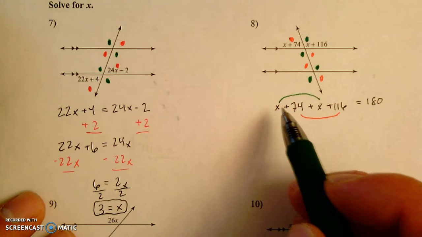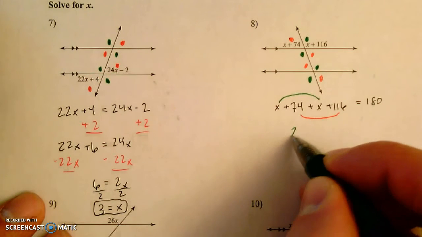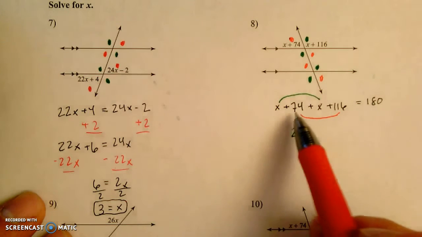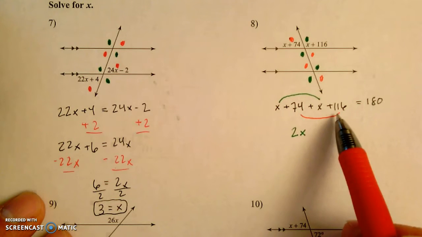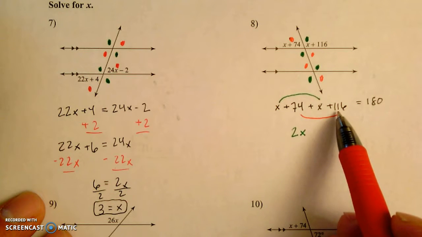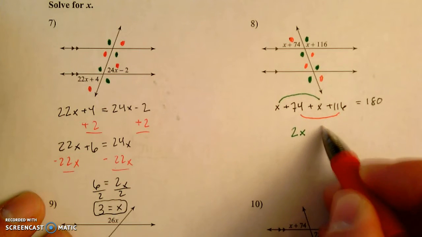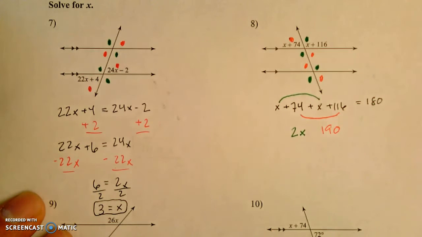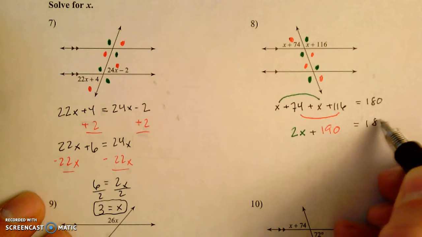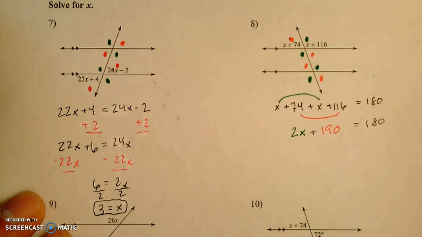So we've got an x here. We have another x over here that gives us a total of 2x. We've got 74 and 116. So let's see. Oh, boy. That's going to be 70, 180, 190. Over here equals 180.